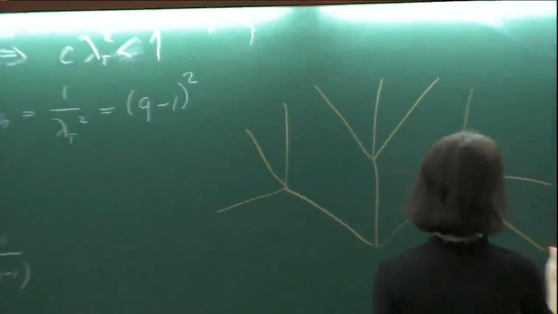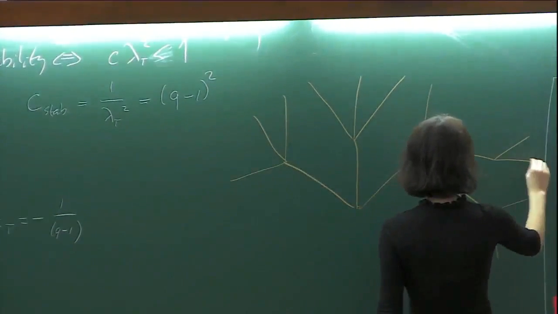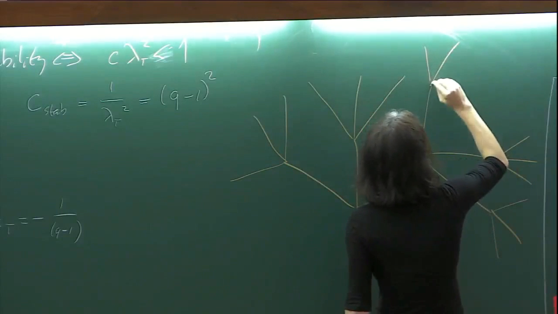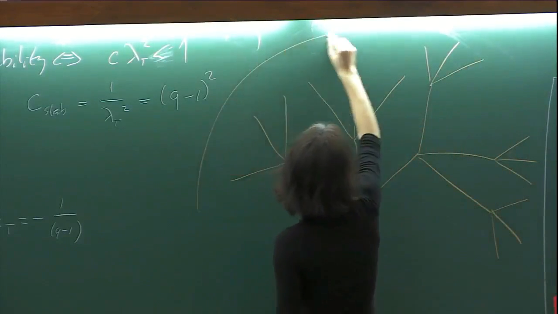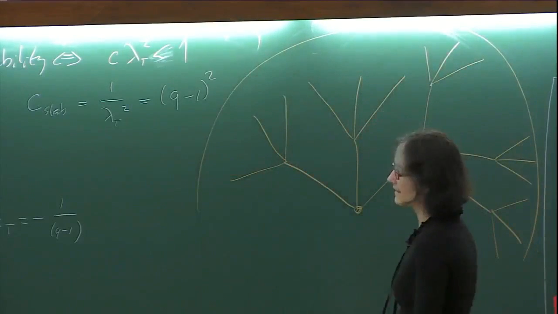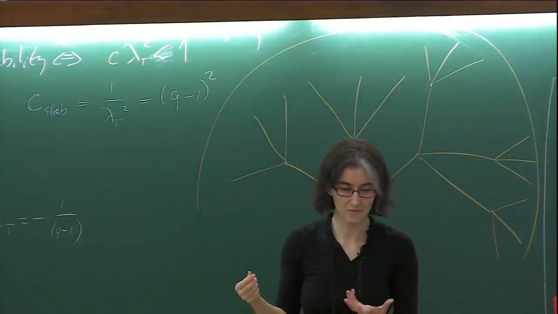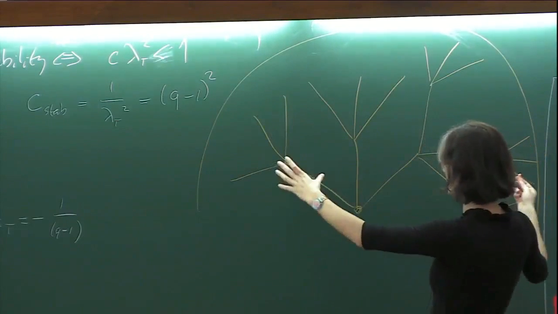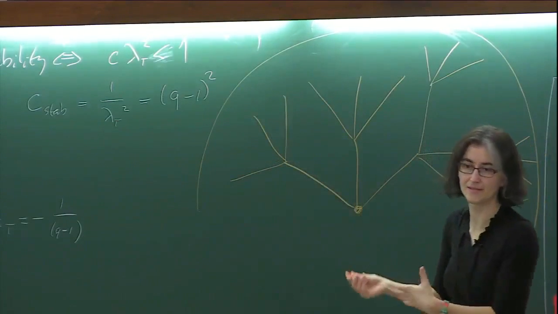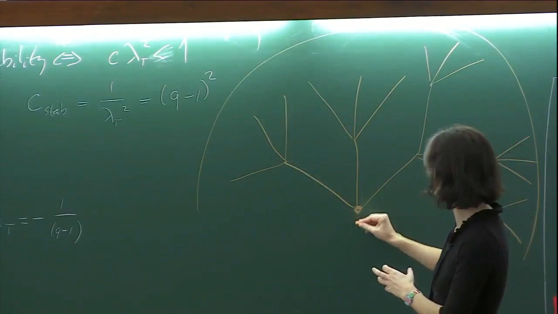Then I would like to continue, but I won't be able to continue for long, right? So I have the root here, and then somewhere there I have the boundary. And now we said if the boundary is fixed, then these iteration equations exactly tell us the marginals, the partition function, and everything on the tree.